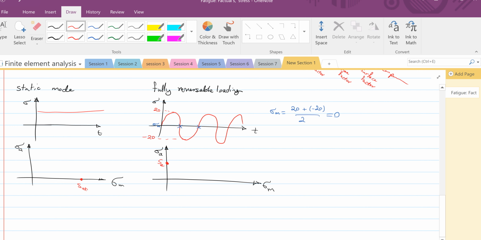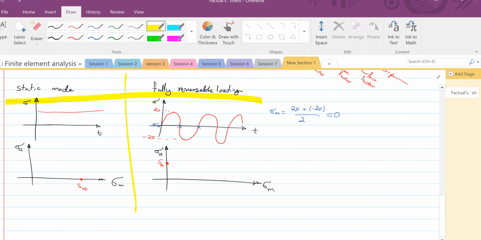Am I right? Because sigma M is 0, the failure point must be over the y-axis, which is alternating stress, and alternating stress is, because of this being cycling load, going to be SE, or endurance limit. So we had two cases.